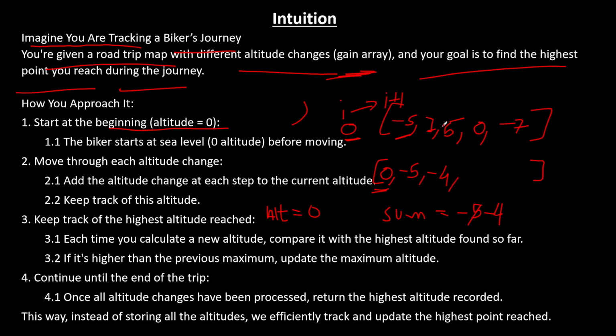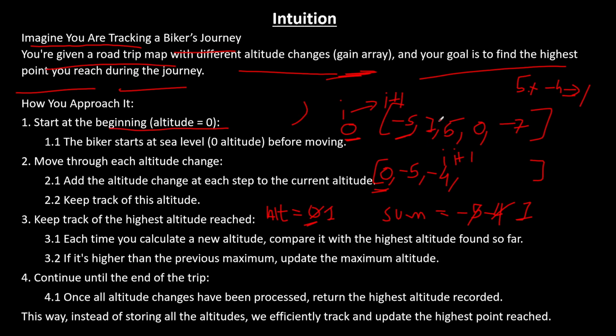Now, next step, going from I to I plus 1. Here it is 5. So 5 plus -4 gives me 1, so the sum becomes 1. Now, the greatest altitude previously was 0, but now 1 is greater than 0, so this will be our newest, highest altitude.